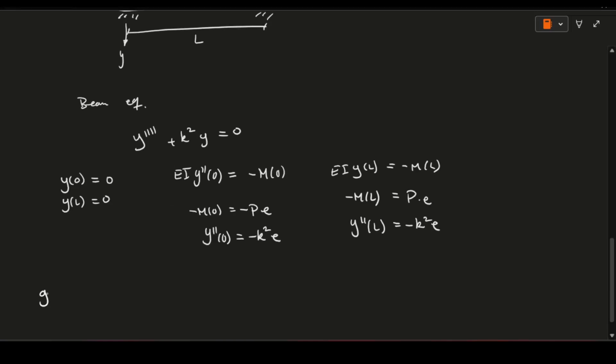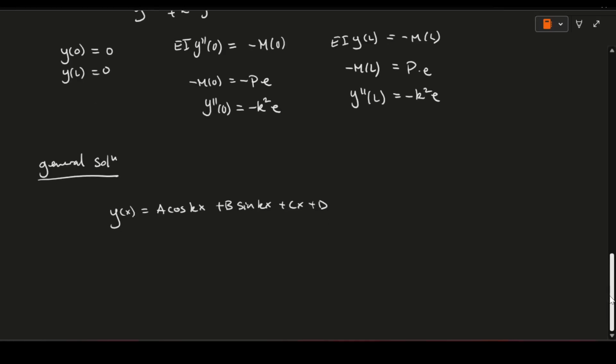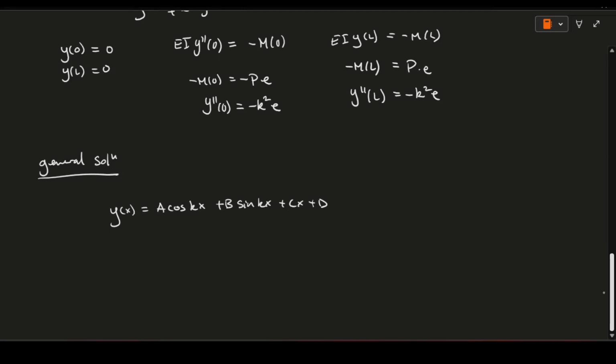Okay, so we have a general solution. Since we have a homogeneous differential equation, we get A cosine kx plus B sine kx plus Cx plus D. If we take the derivative of this two times, we get minus A k squared cosine kx minus B k squared sine kx.